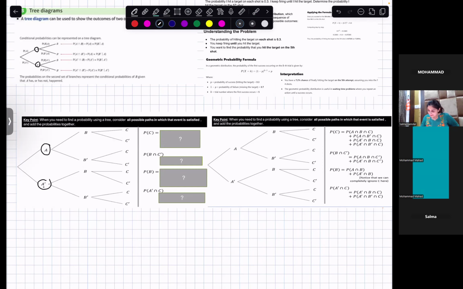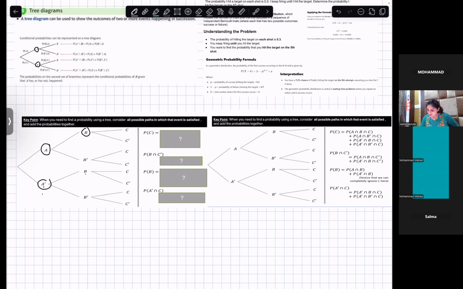Probability of B happening, Haris. So that would be probability of A into probability of B, or probability of A naught into B. Okay, Mahad.